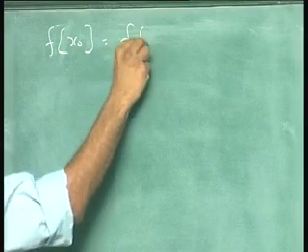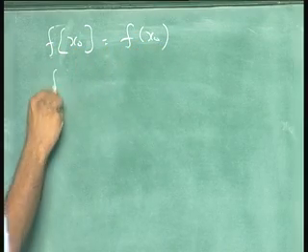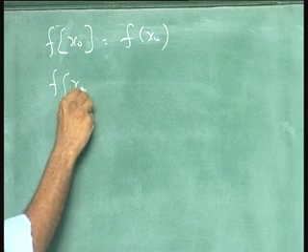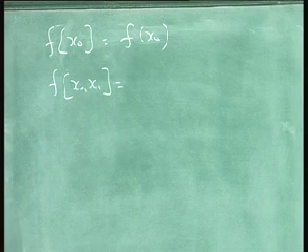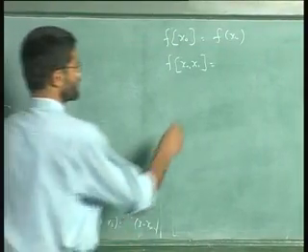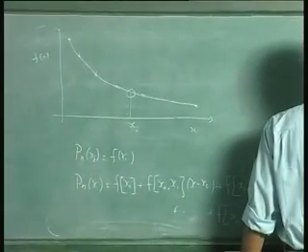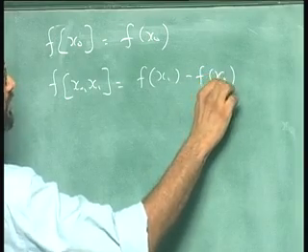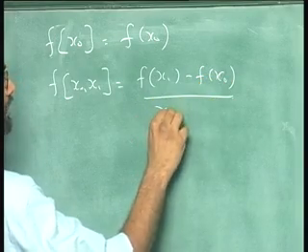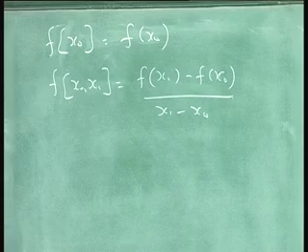For example, f at x0 is the same as f of x0, and f at x0, x1, the coefficient of the first order term here, is f of x1 minus f of x0 divided by x1 minus x0.